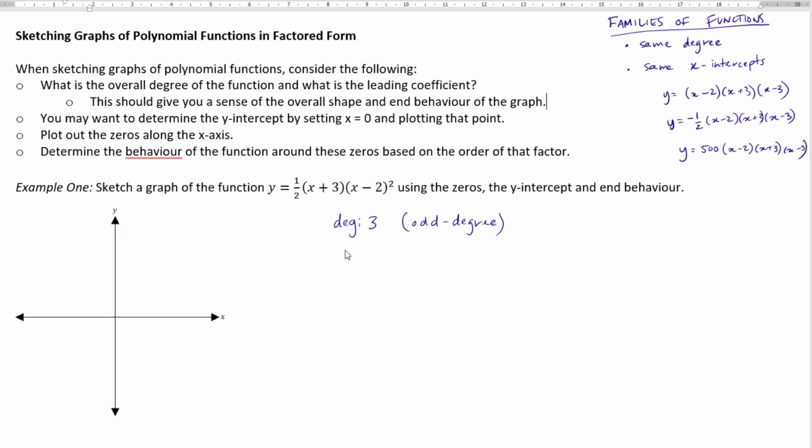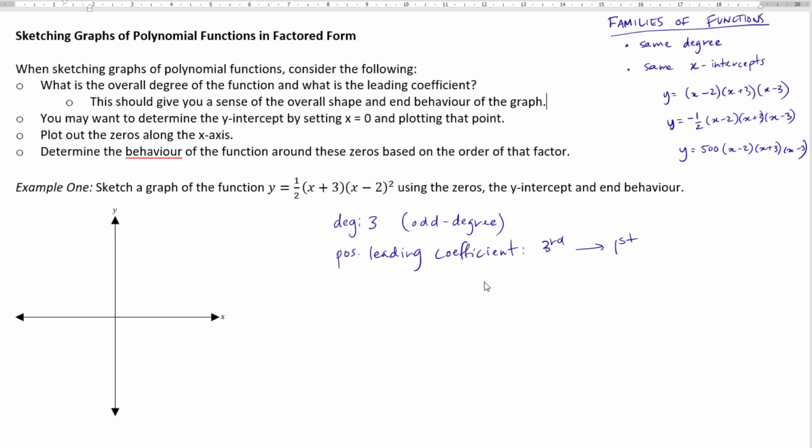Then I'm going to look at the leading coefficient. I see it's 1/2, so it's a positive leading coefficient. And if it's a positive leading coefficient, that means it goes from the third quadrant to the first quadrant.